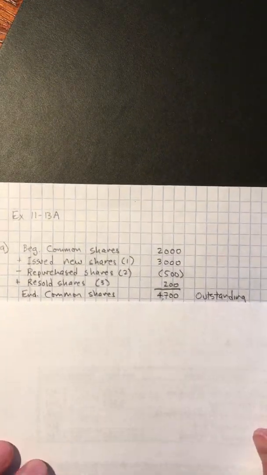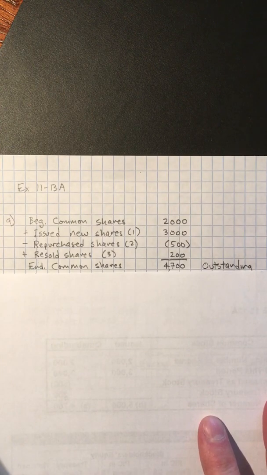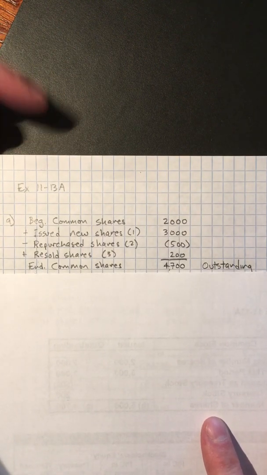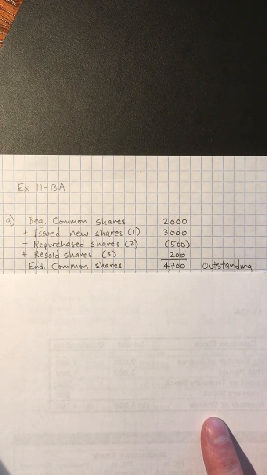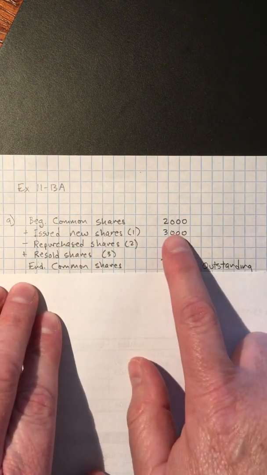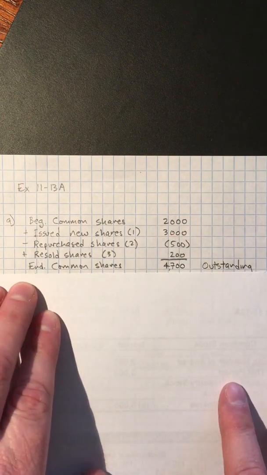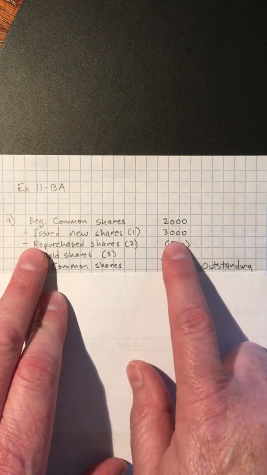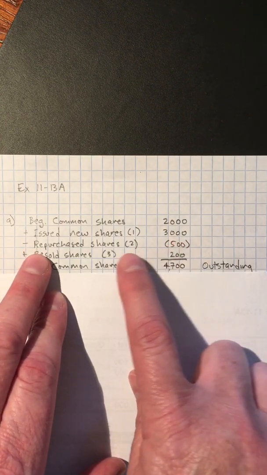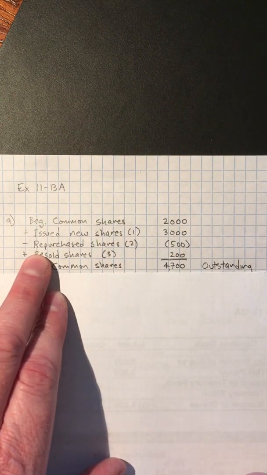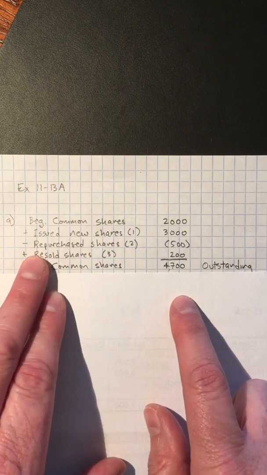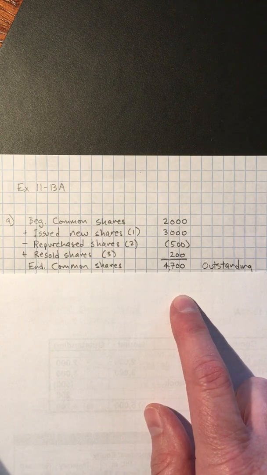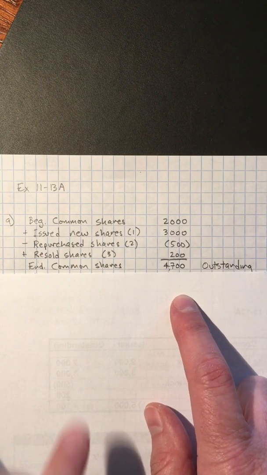Well, in that case here, we have beginning common shares. Now here we're looking at the number of shares, not dollar amounts. So I have beginning number of shares of 2,000. That came from the problem. Transaction number 1, we issued 3,000 new shares. Transaction 2, we repurchased 500 shares. So we took those out of the hands of shareholders, put them into a desk drawer in the company.